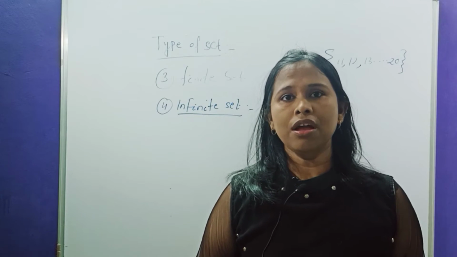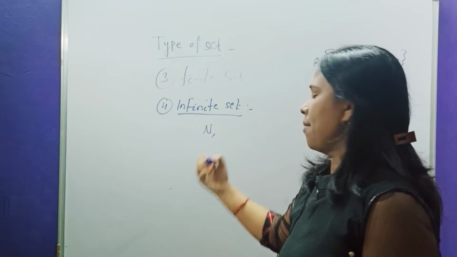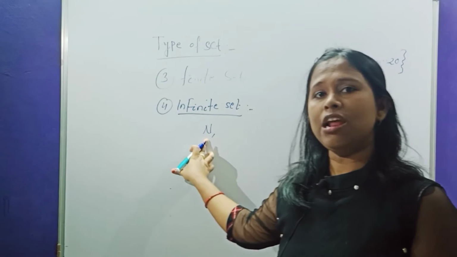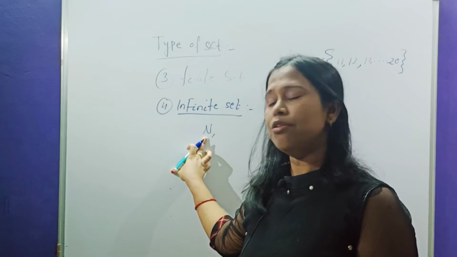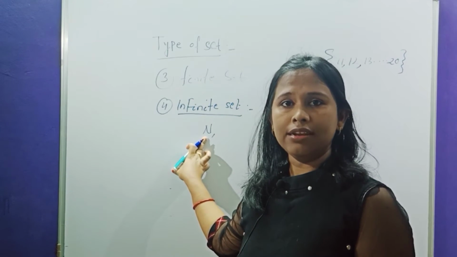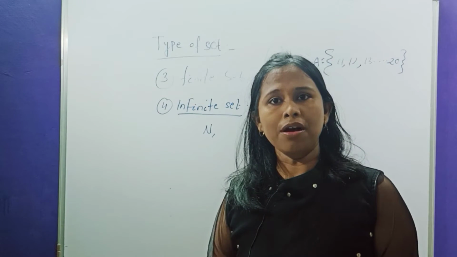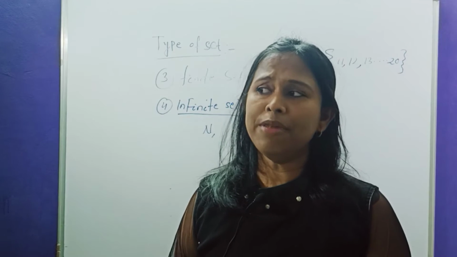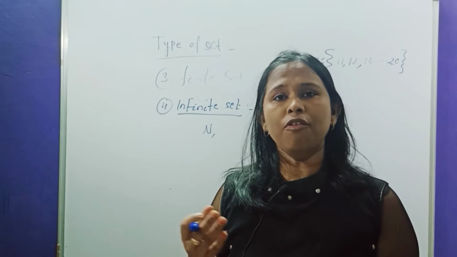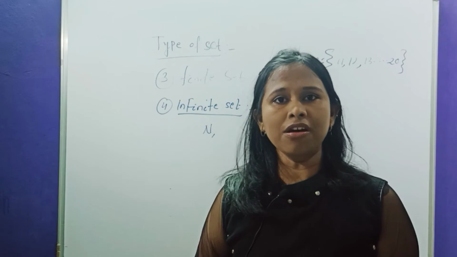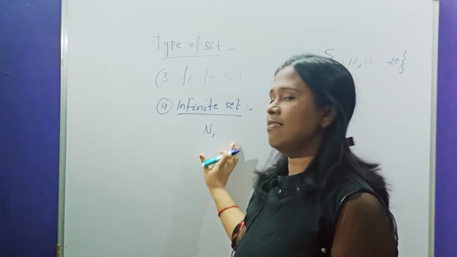Suppose I write the set of natural numbers, N. Can you count the elements of this set? No, we can't count the elements of the set of natural numbers or the set of real numbers, because there are infinitely many numbers in those sets. The set of whole numbers and the set of rational numbers are also examples of infinite sets.